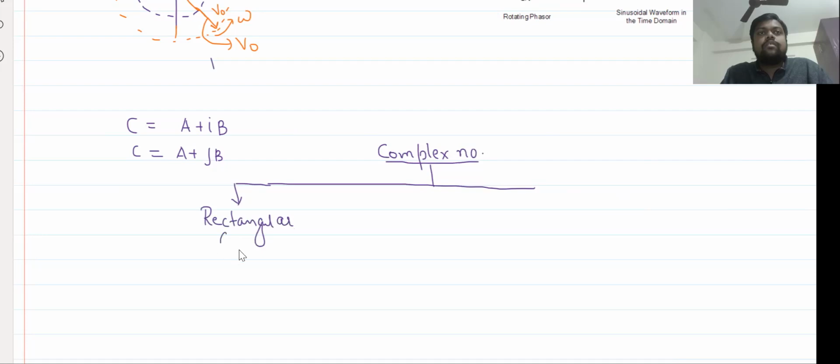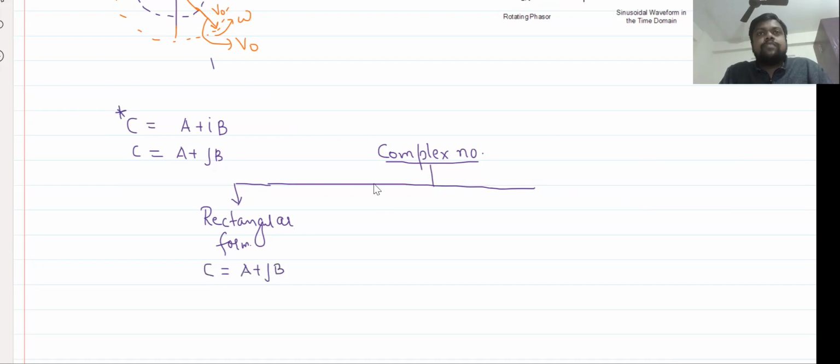One is the rectangular form, in which you represent this as A plus jB.